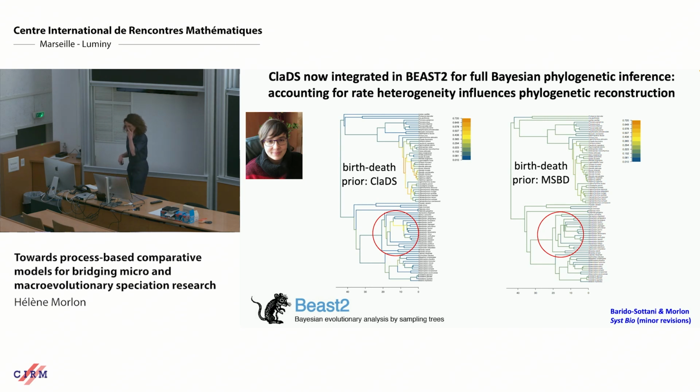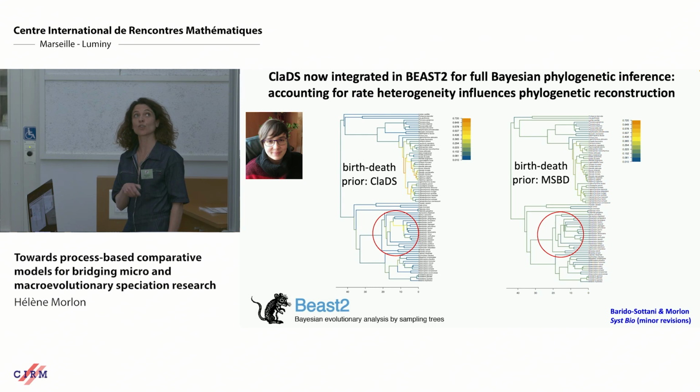So it's a joint process, and in this case we can see the effect of assuming different ways to represent rate heterogeneity across the tree on the tree itself and on the dating of the tree. And here you see, for example, a place in the phylogeny where this makes quite a lot of difference in terms of both inference of rates, more rate variation with our model, and also a difference in terms of phylogenetic reconstruction and phylogenetic dating.